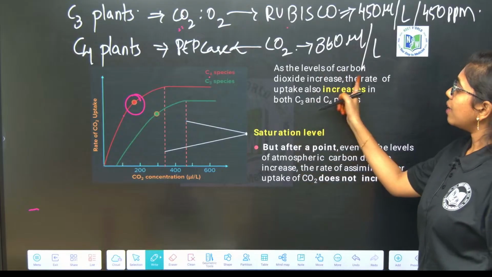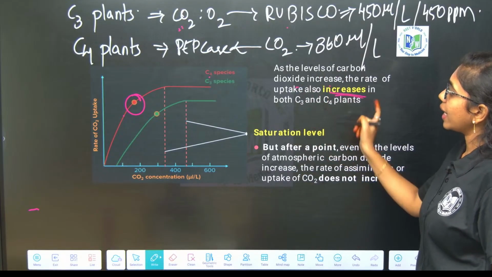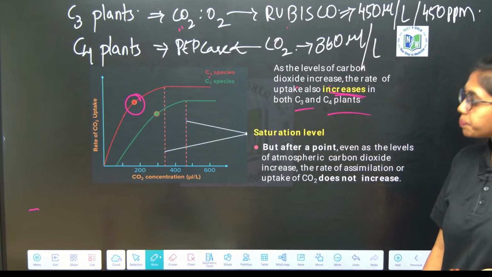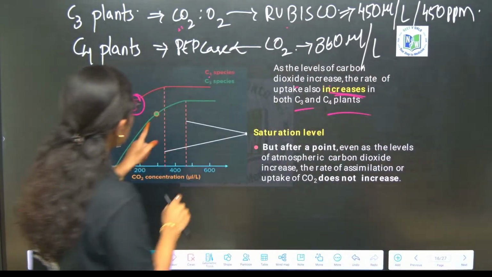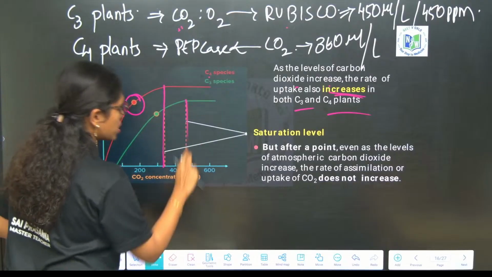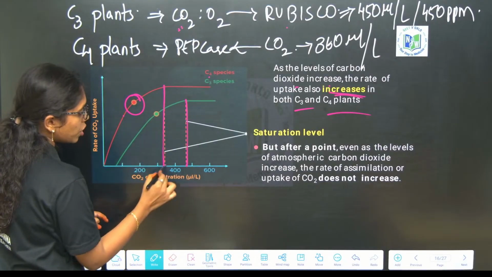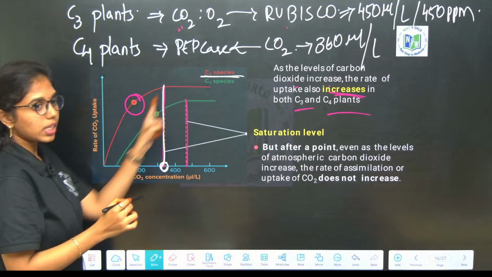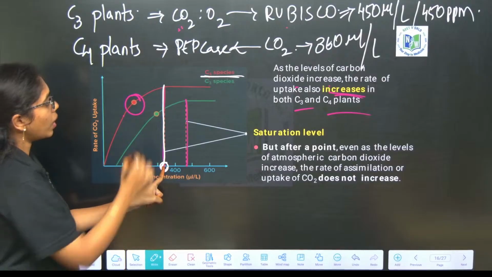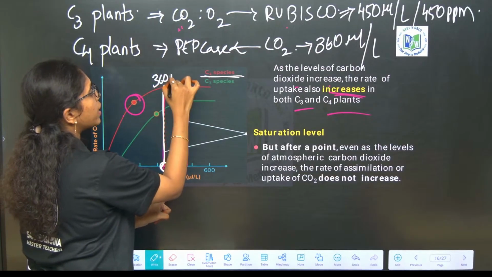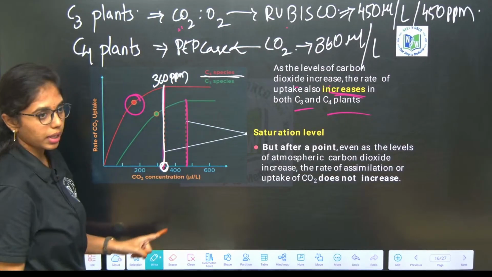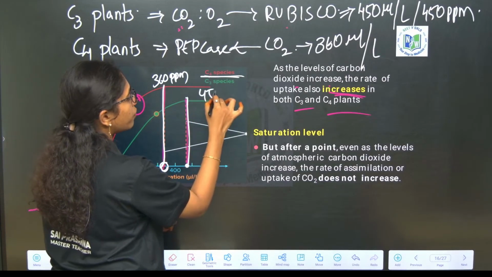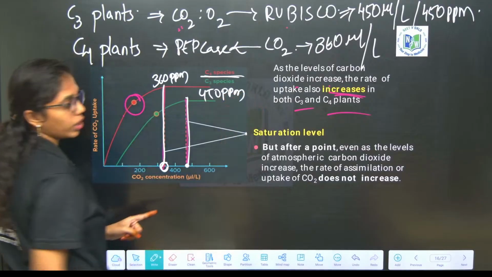As the levels of carbon dioxide increase, the rate of uptake also increases in C3 and C4 plants. So these are what? Saturation points. The saturation point for C4 plants is 360 microliters per liter or 360 parts per million. And the saturation point here is 450 parts per million or microliters per liter.